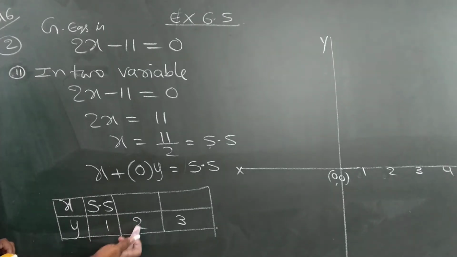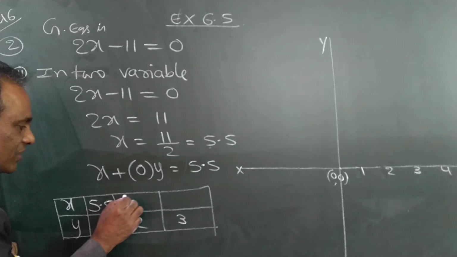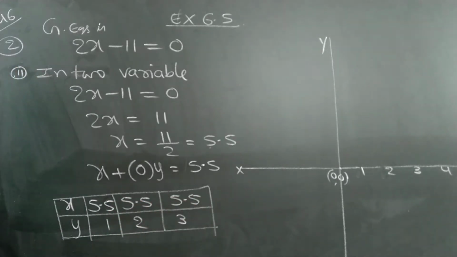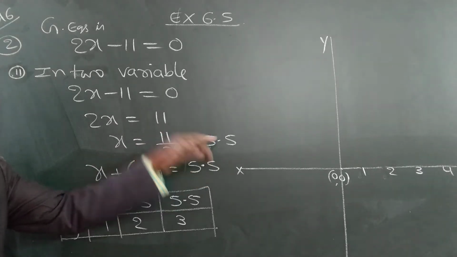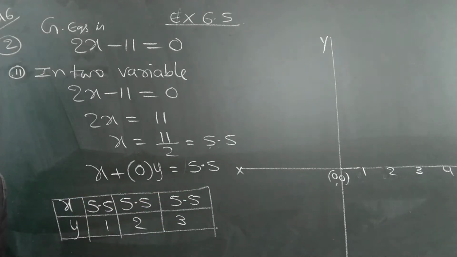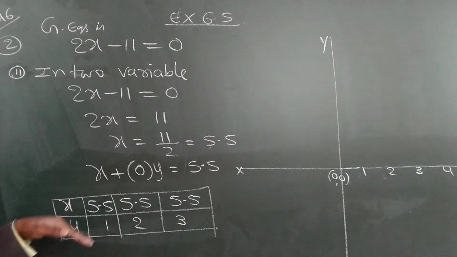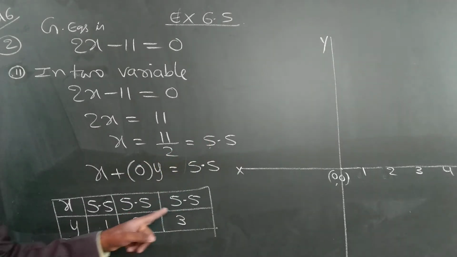Suppose y is 2, 2 into 0, 0, x is 5.5. x is always 5.5, there is no different x value. What is y? y may be any value. You can take y is equal to 1, 2, 3. There is no difference with y. x is 5.5, so y may be 1 or 2 or 3.